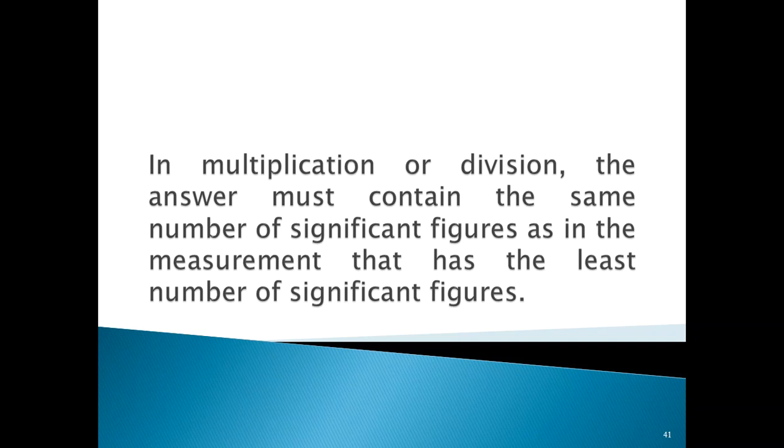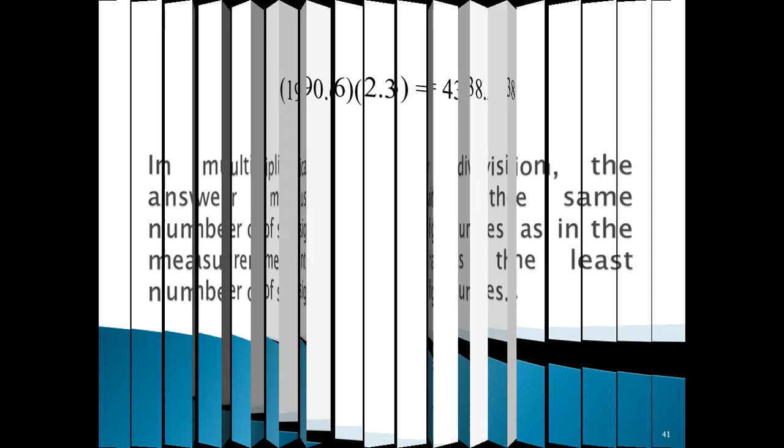So what that means is that if you're multiplying 2 or more numbers, you have to look at the number of significant figures in the numbers involved in this operation, and then whatever answer you get on your calculator display, you round off to the lowest number of significant figures of the numbers involved in either the multiplication or division operation.